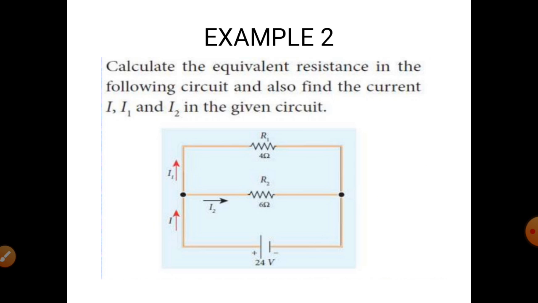For the next example, calculate the equivalent resistance in the following circuit and also find the value of total current I, and I1 and I2 in the given circuit. In the given circuit, the two resistors are connected in parallel. In parallel, the values of current differ in each resistance and the voltages are the same.